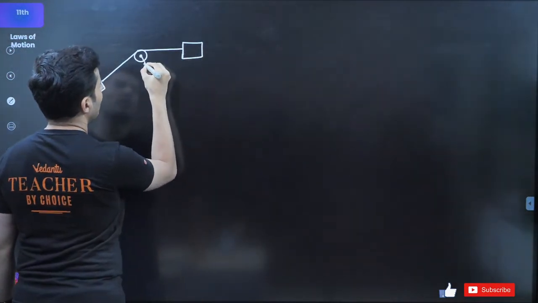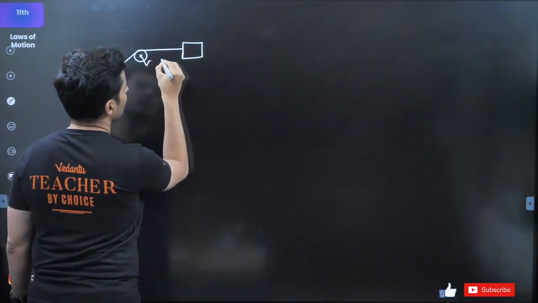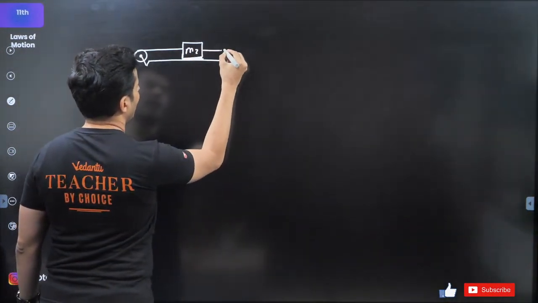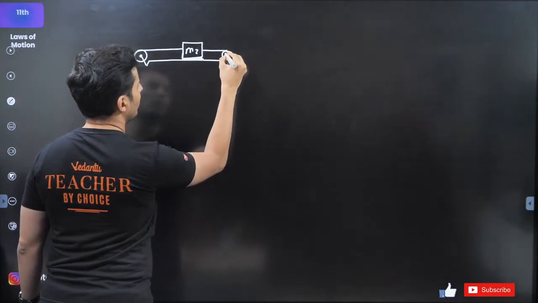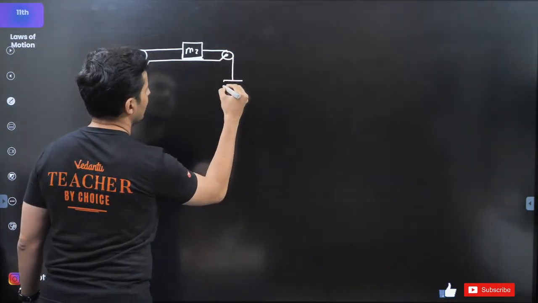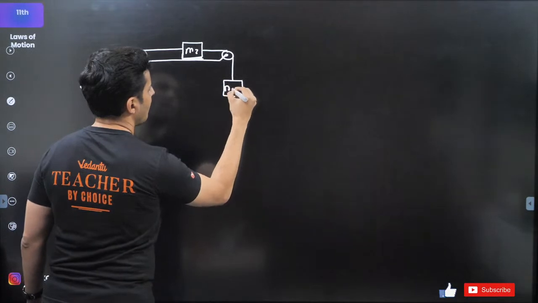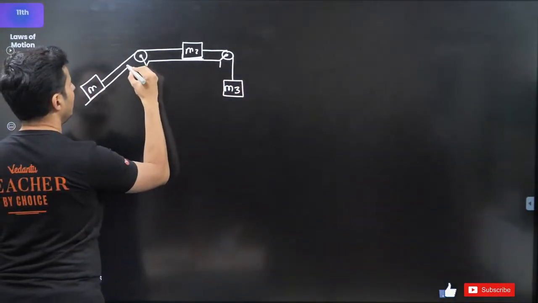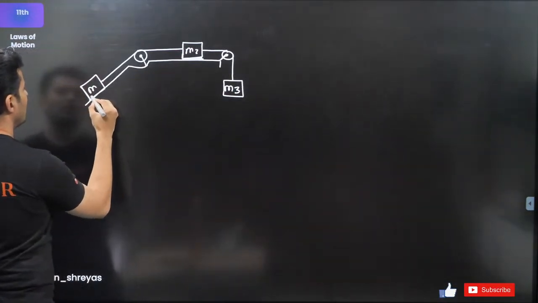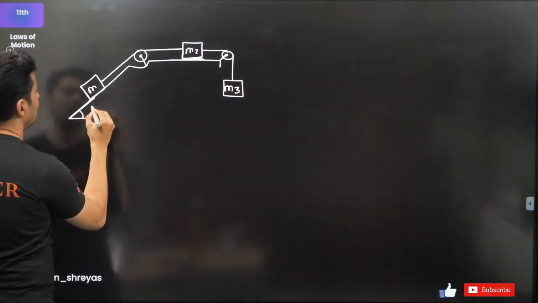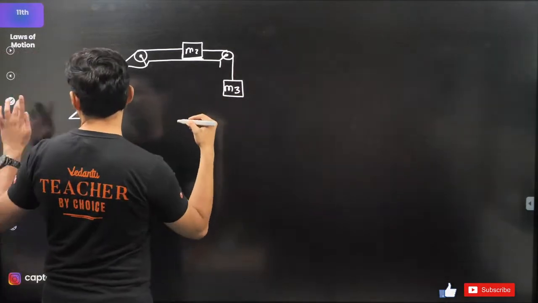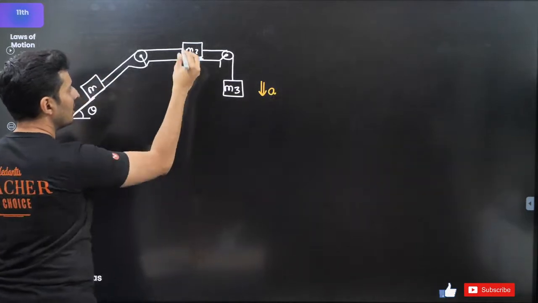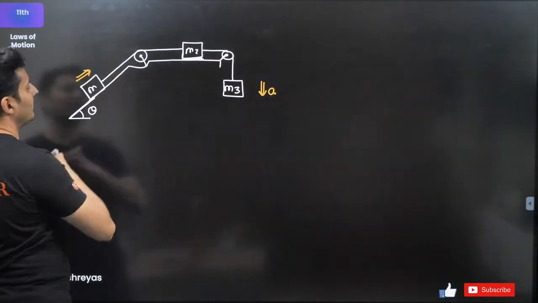I'm just going to show it like this, m2, and maybe there is another pulley over here, and let's say there is a mass m3 over here. So these are the masses. This is an inclined plane, like you can see. And let's say this is theta, and let's say I want to find what is the acceleration of the system, because this whole thing will go like this.